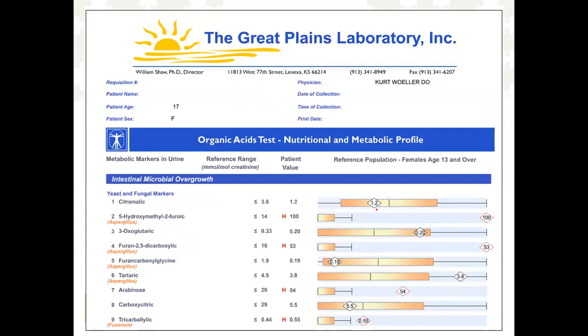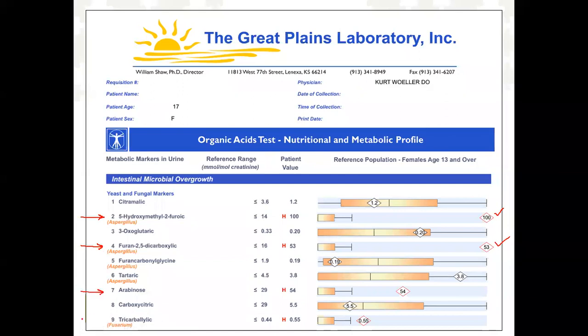So here is another individual with fatigue issues, headache, attention problems. In this particular circumstance, what do we got going on? We've got marker 2 and marker 4 elevated. So I know I've got gut colonization of Aspergillus. It doesn't tell me where it's coming from. I just know it's there. We've got some invasive Candida.